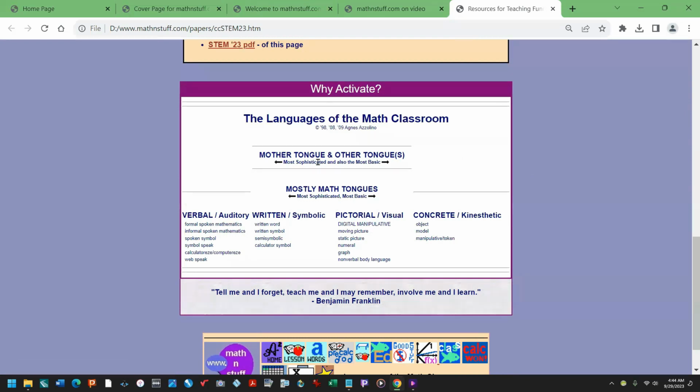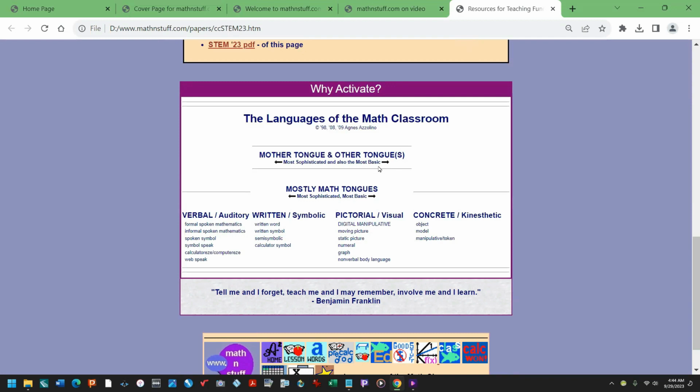But mother tongue is at the same time the most sophisticated and the most basic. A circle means something in the real world, and it means the same thing but more in the STEM or math world.